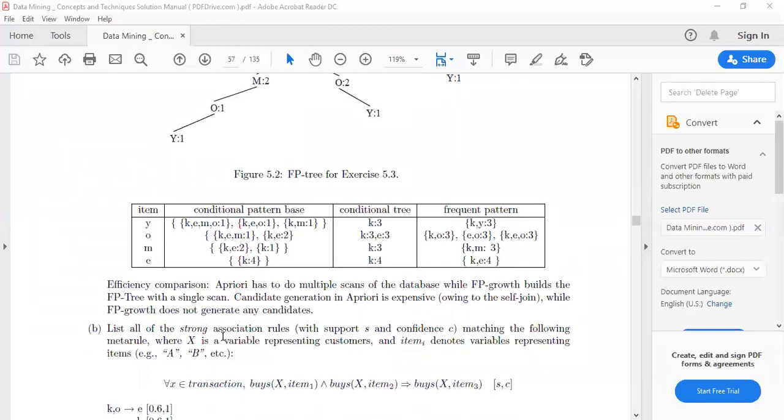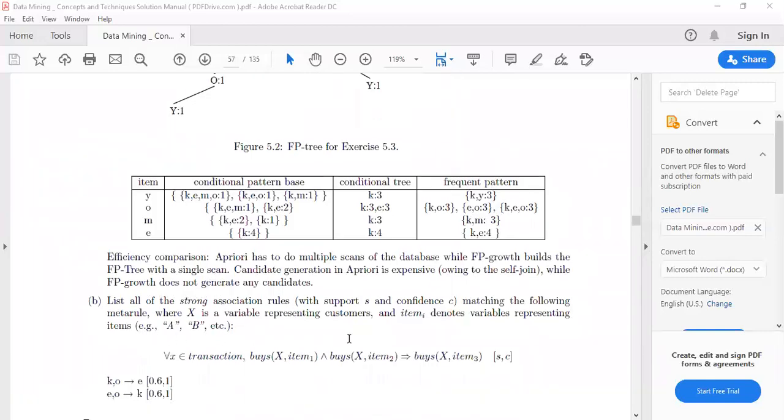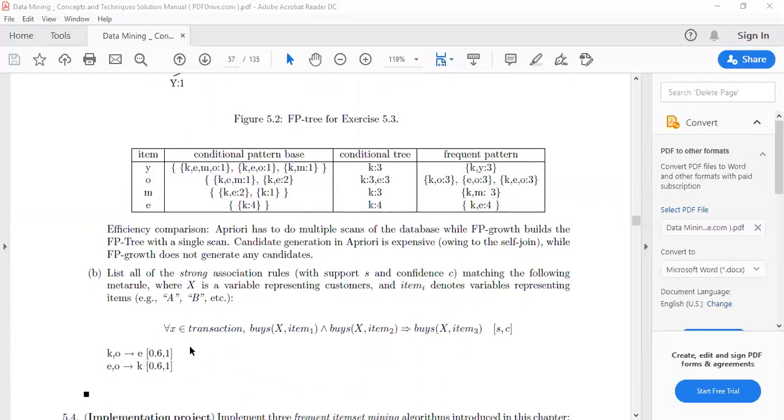Okay. List all the strong association rules with support s and confidence c, matching the following meta rule, where X is a variable representing customers and item denotes the variable representing items. This is what we have been given in the question. If transaction X buys item 1 and X buys item 2, definitely they will buy item 3 also.